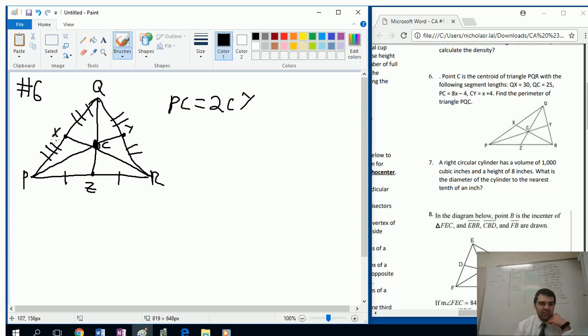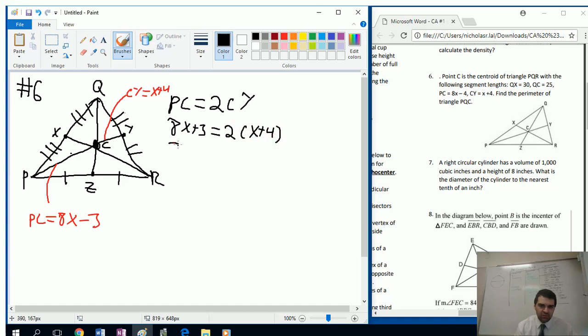So that means that PC, and I didn't change the colors, that was PC, that's 8x minus 3, and CY is x plus 4. So 8x plus 3 is going to be equal to 2 times x plus 4.